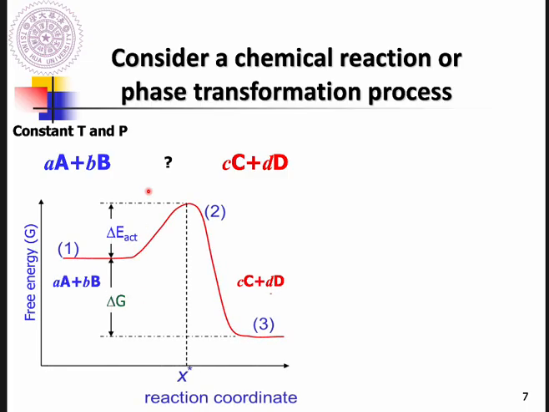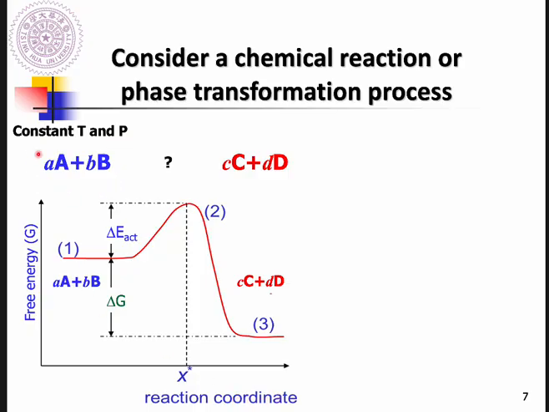Probably some of you already have an idea: energy dominates. We need to determine which state's energy is minimized. Then probably the whole system will go that way, right? Yes. So let's try to draw the figure. The vertical axis means the free energy. Here, with constant T and P, we can use the Gibbs free energy as our indicator. And the horizontal axis is the reaction coordinate.